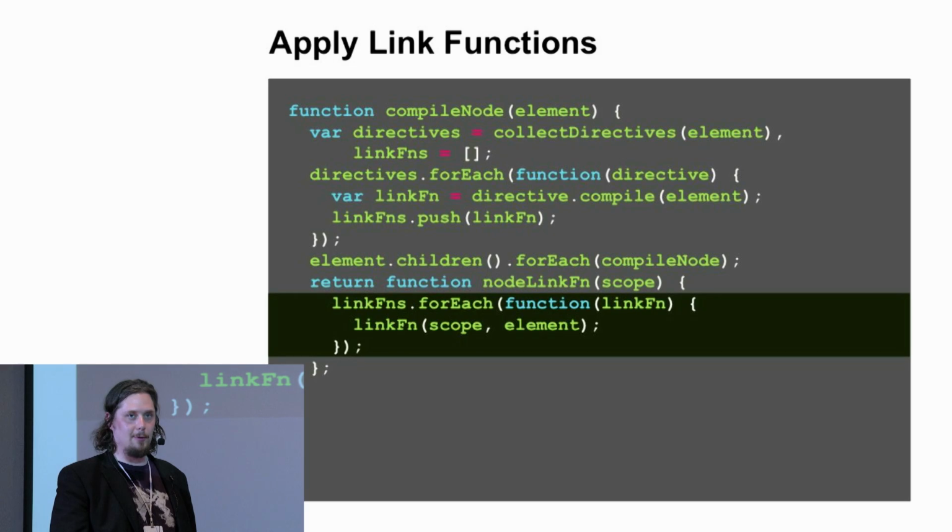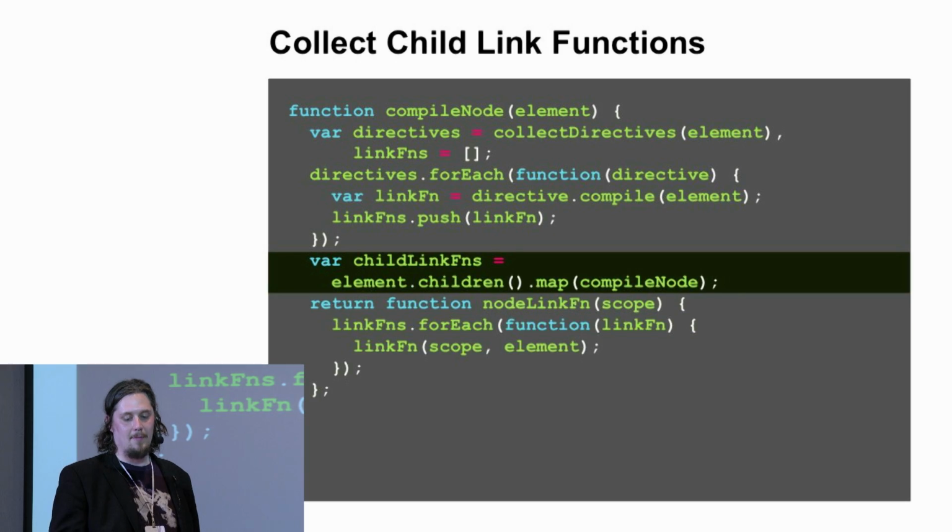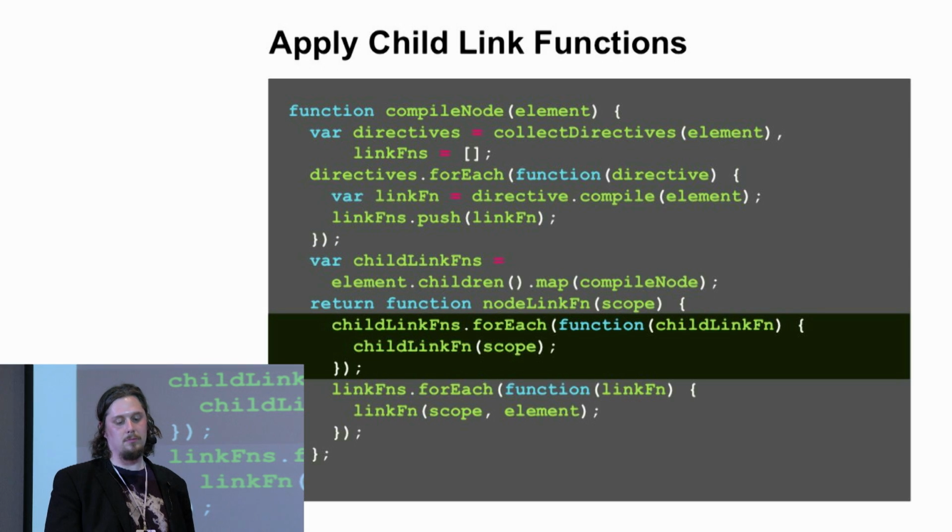So to be able to link the child nodes, we need to grab the return values of the recursive invocations of compile node, which we can do with the map function, because that gives us an array of the node link functions of the child nodes. And then we can loop over that as well as we go to the linking phase. We have another array which we loop and call each one. And that's essentially just the node link function recursively calling itself, which gets done in a little bit of a roundabout, strange way, but it's still just essentially that.